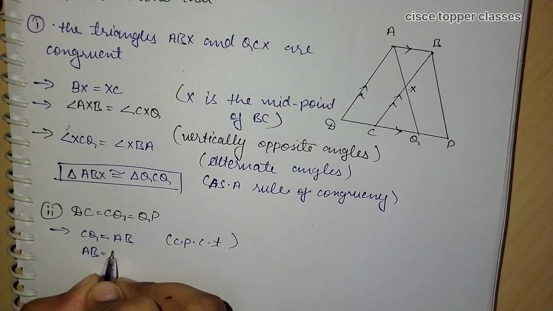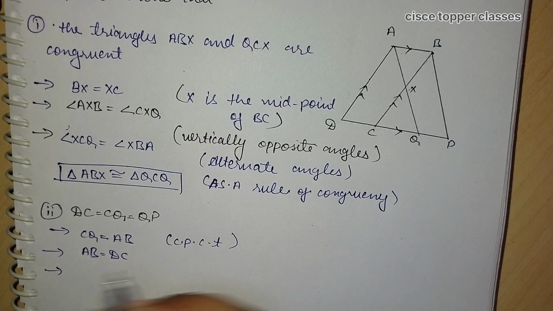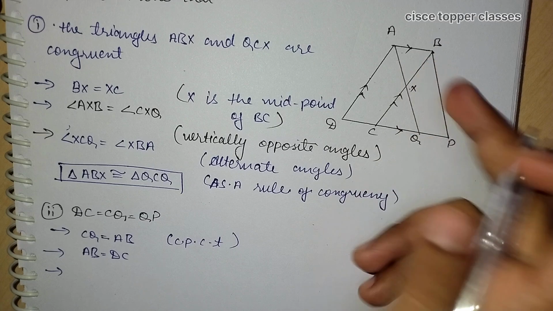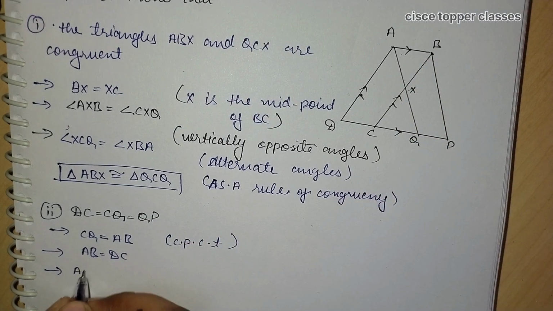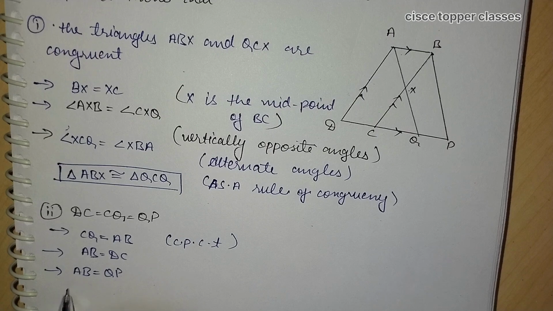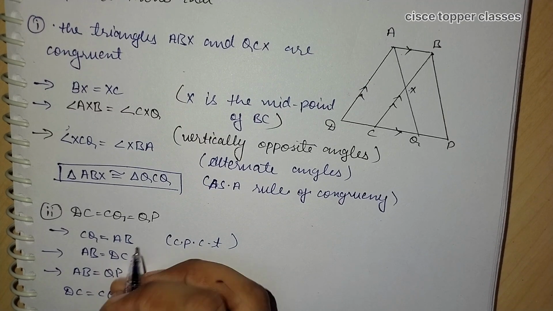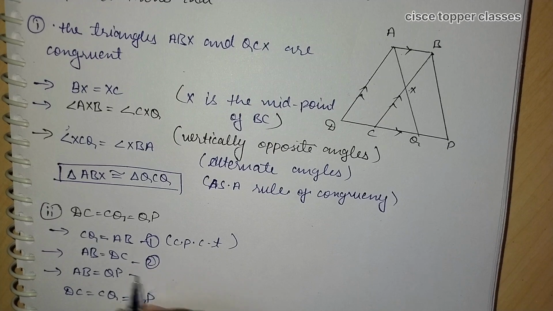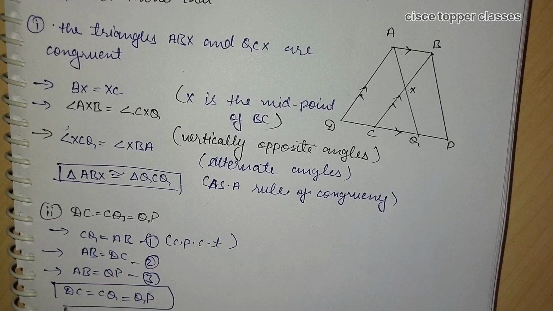And the third thing is AB is equal to QP, because it is also a parallelogram. And from these three things we can simply say that DC is equal to CQ is equal to QP. Hence proved.